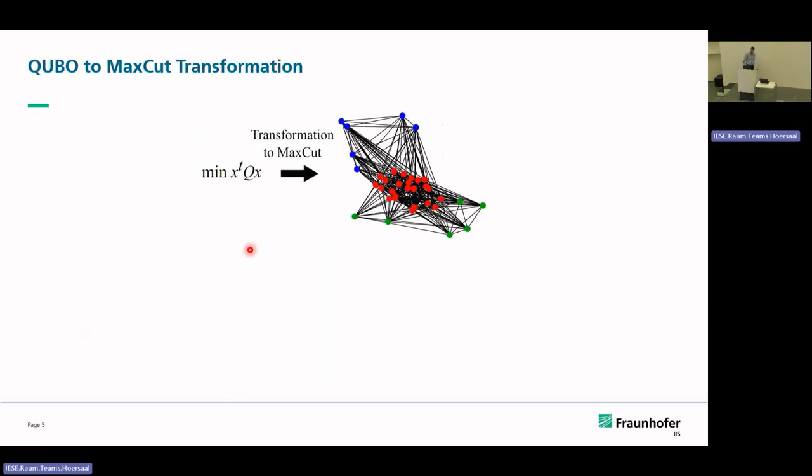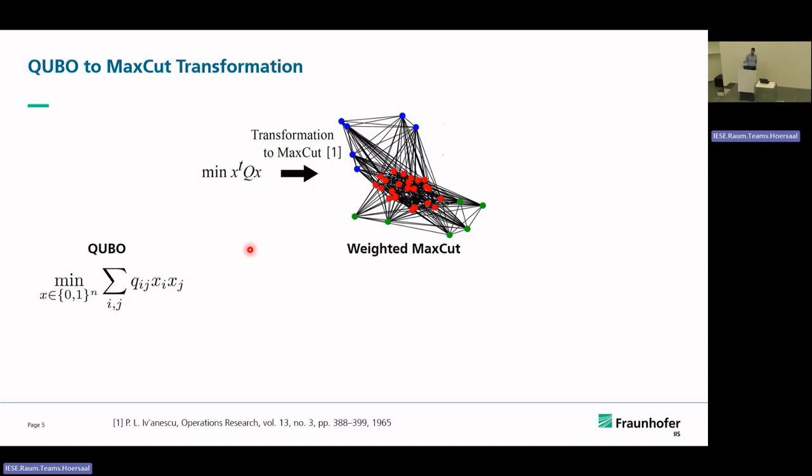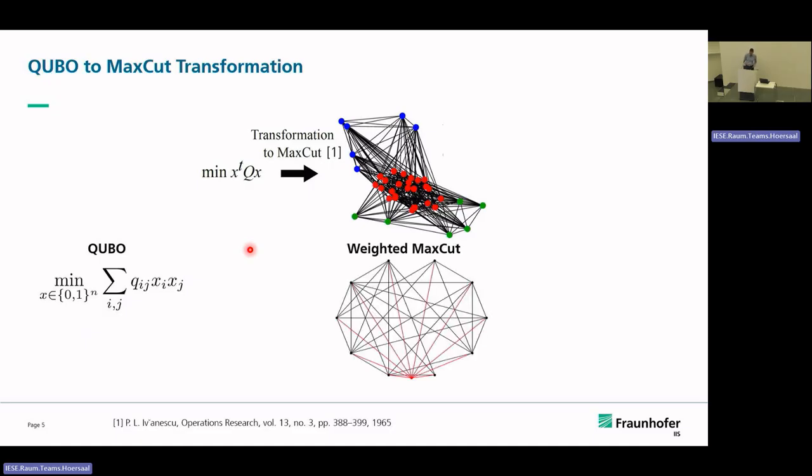Now the more interesting thing is the transformation of QUBO to max cut. This has been known for, I don't know, say 60 years or so, but it's not super present in the literature. That is, you can transform any QUBO into a weighted max cut instance that has n plus 1 vertices in its graph. So for each QUBO variable, you have a corresponding vertex. So you have n vertices when you have n QUBO variables, and you have one additional vertex that's called 0 here.